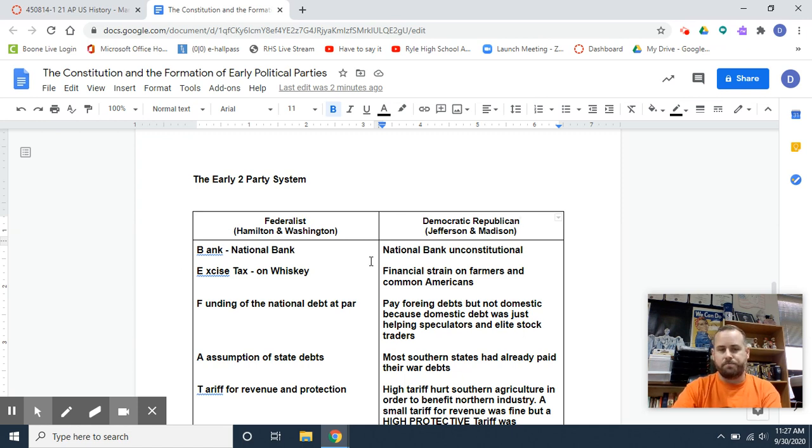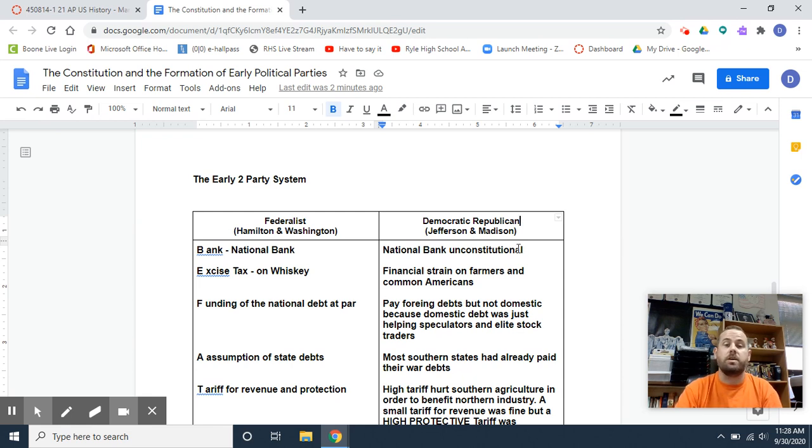On the other hand, Jefferson and Madison, they advocated more for the state's perspective and or the common man. Sometimes Washington and Hamilton were considered elitist and favoring the merchant wealthy class, whereas Jefferson and Madison kind of take that voice of the common man and the state's perspective.